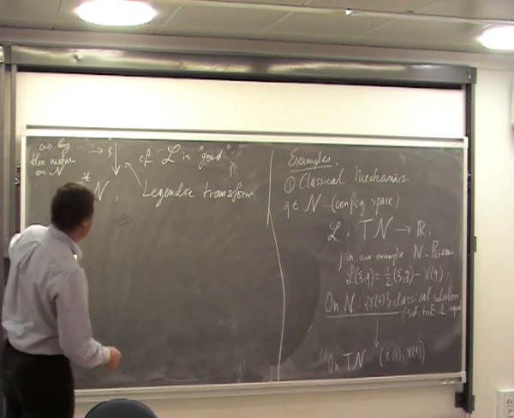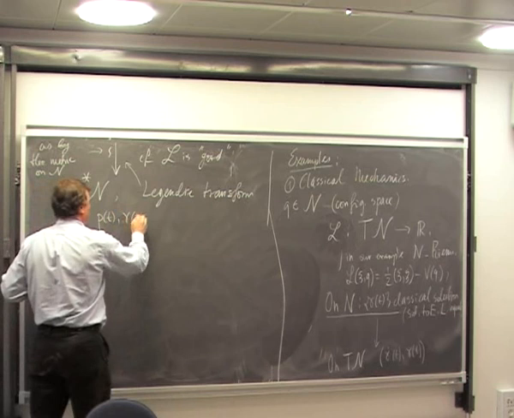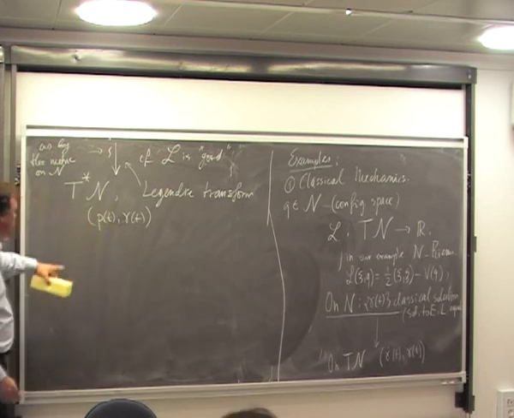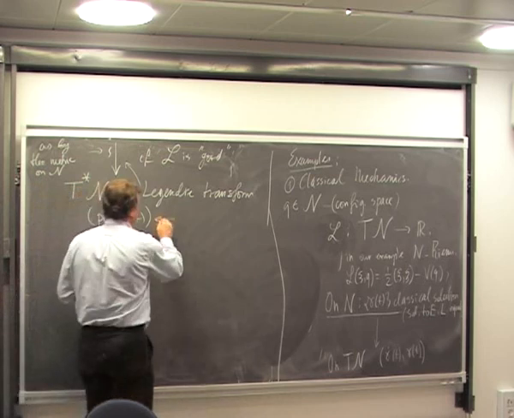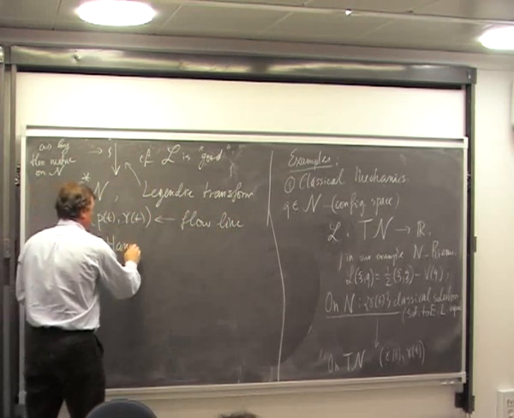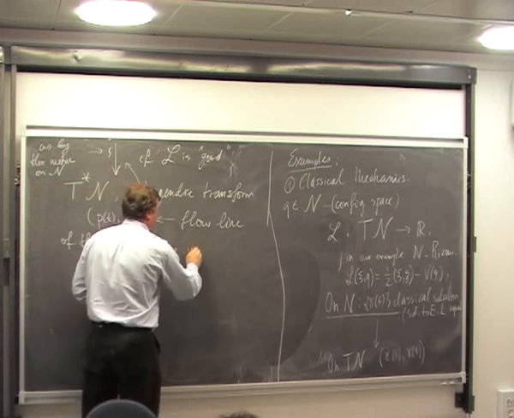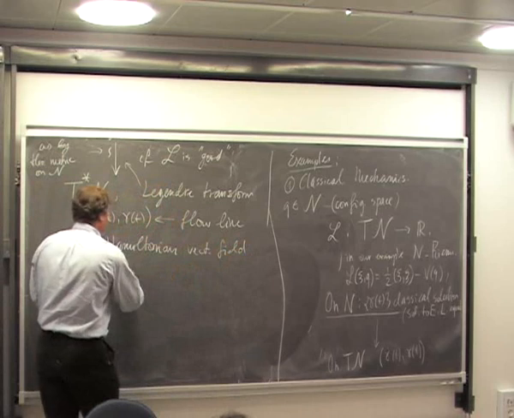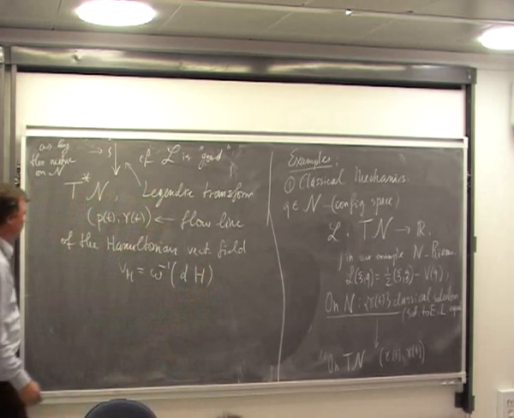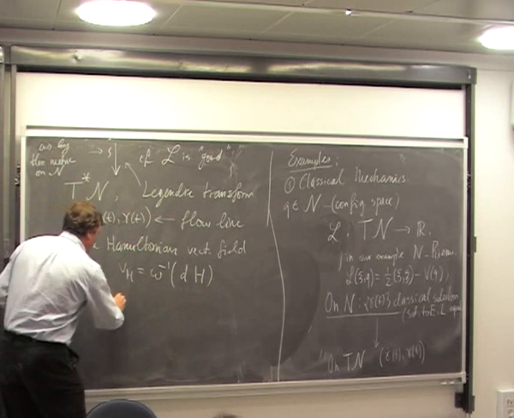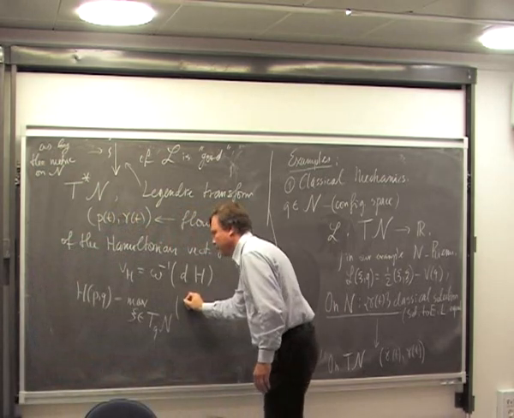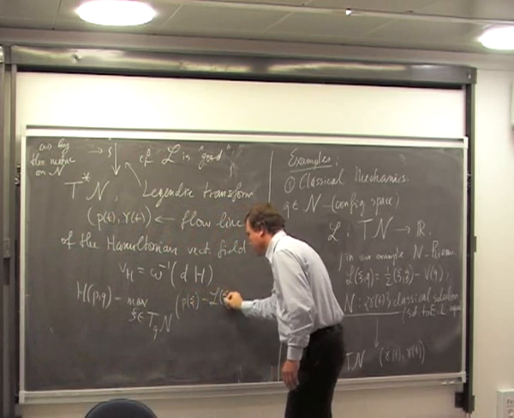So the image of the path gamma in the cotangent space is this one, and that's a flow line of the Hamiltonian vector field VH, which is omega inverse dH, and here H is the Legendre transform of L. So it's p times x dot minus L of q.